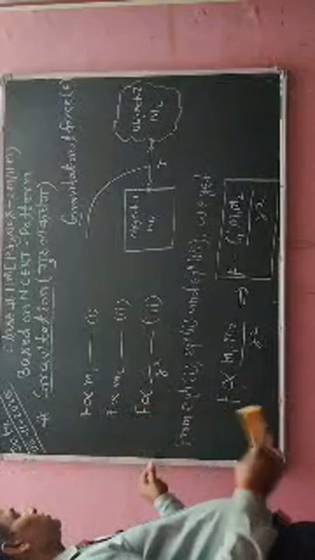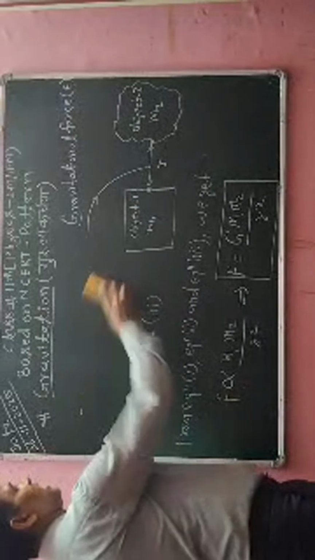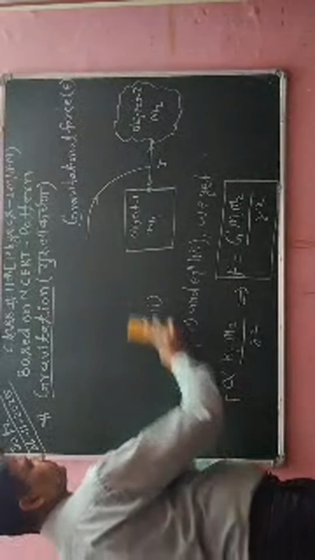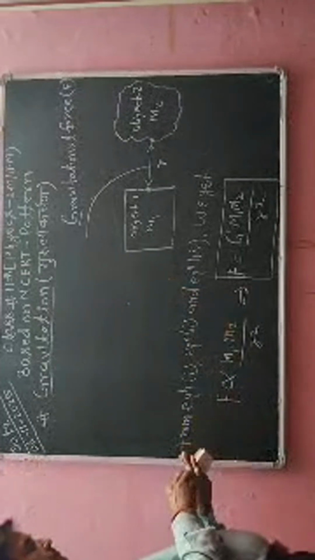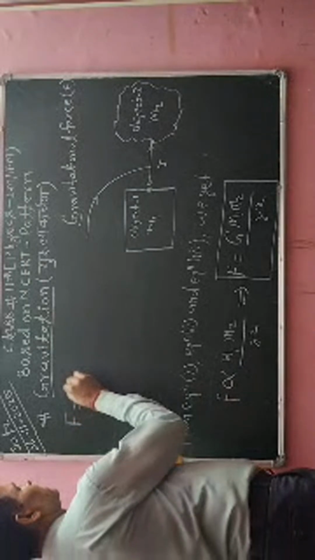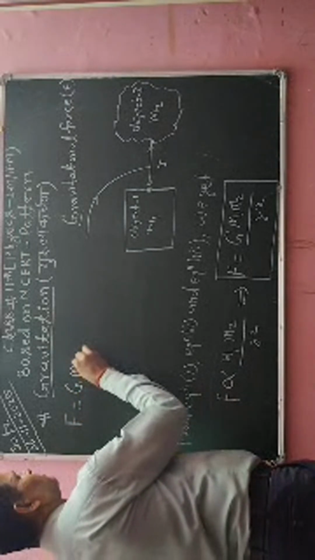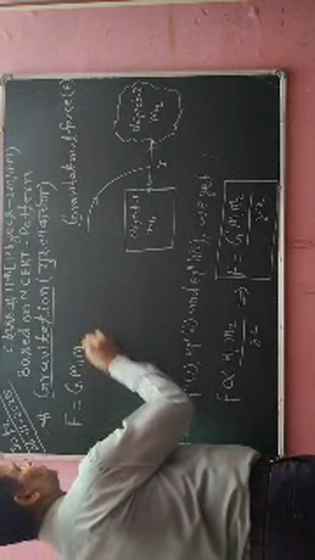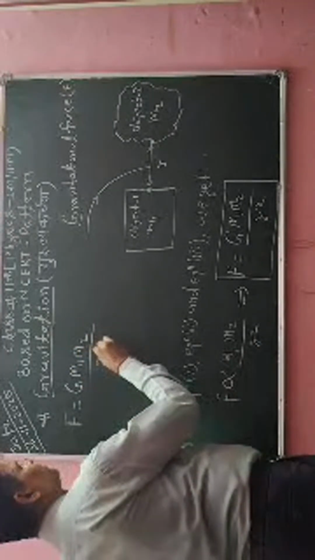So I am going to erase the above data, and after erasing I will write F equals capital G m1 m2 divided by r².